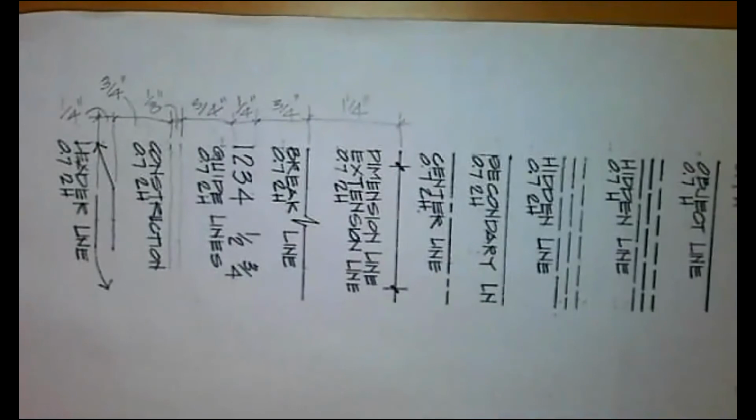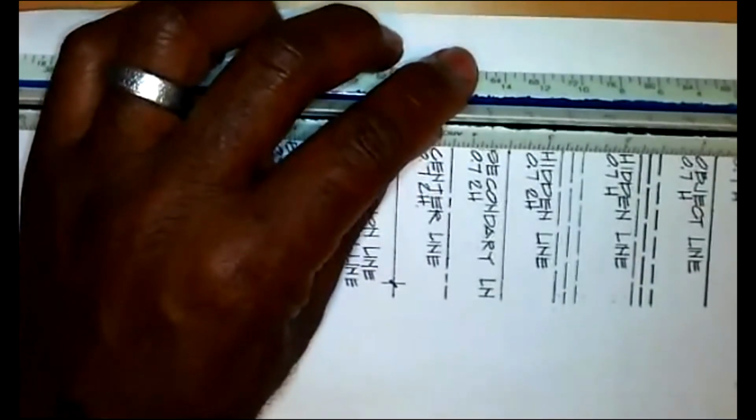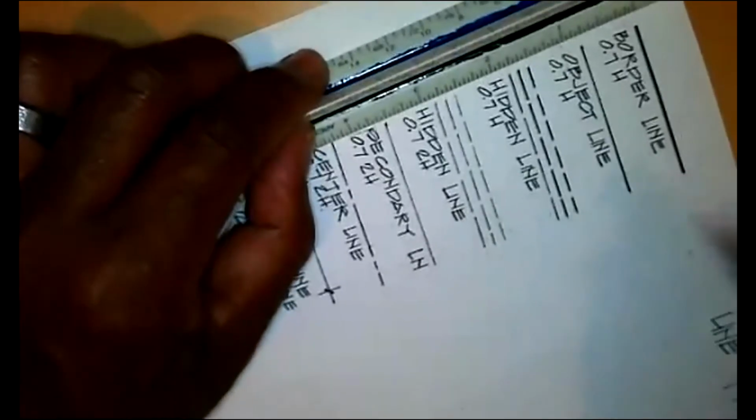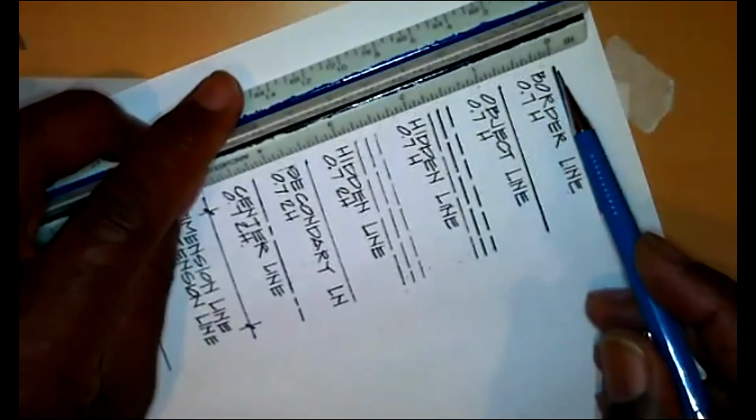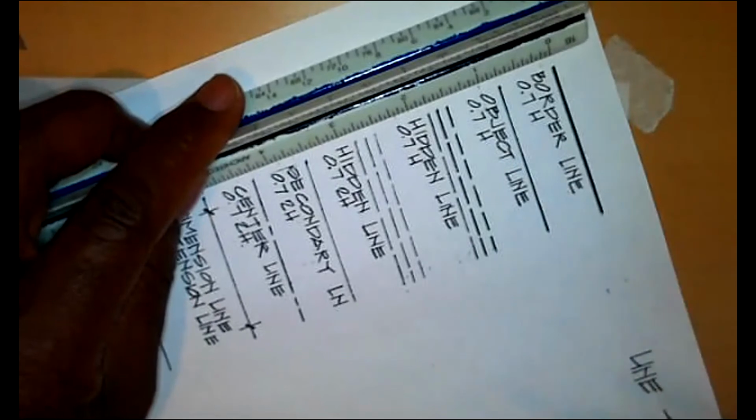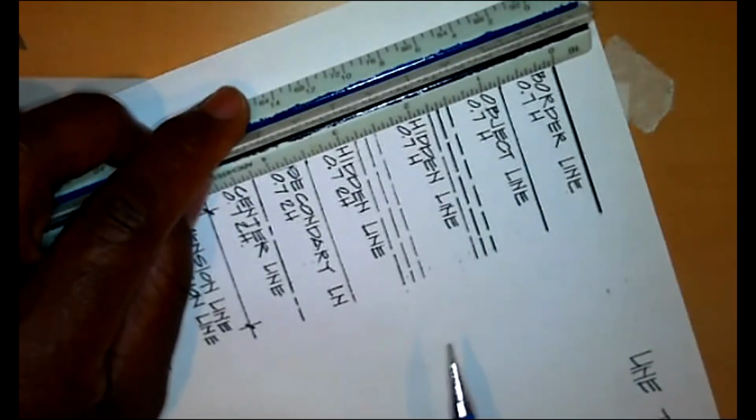Okay, good. So now what I'm going to do, I'm going to scale the distance from the borderline to the object line. You can see it. Okay, that scales to be 3/4 of an inch. So I have that dimension. 3/4 of an inch. So we come over here.